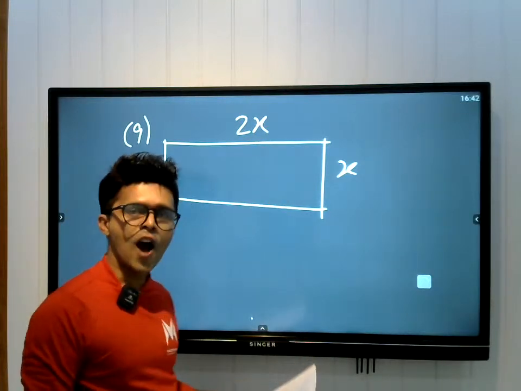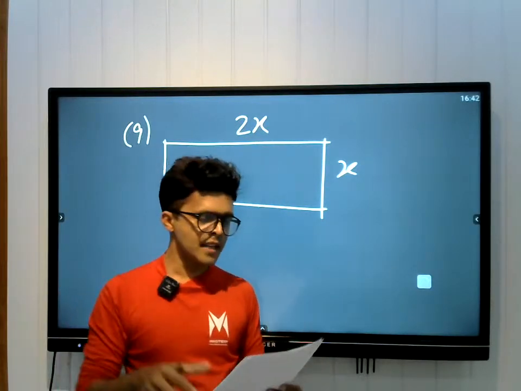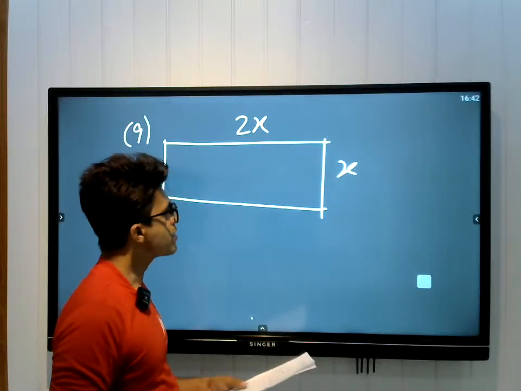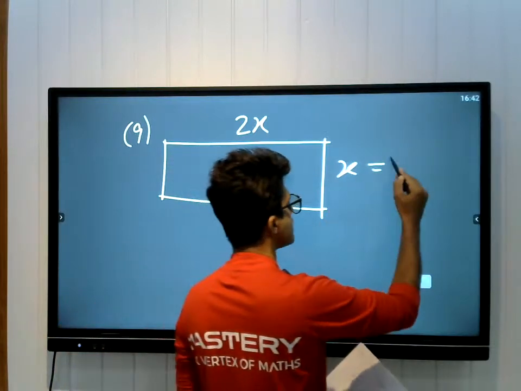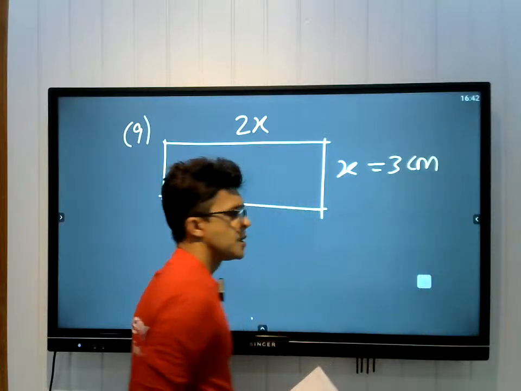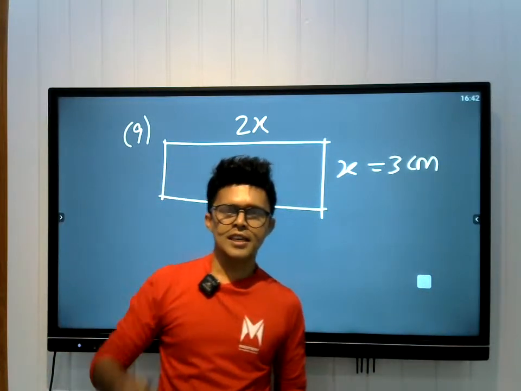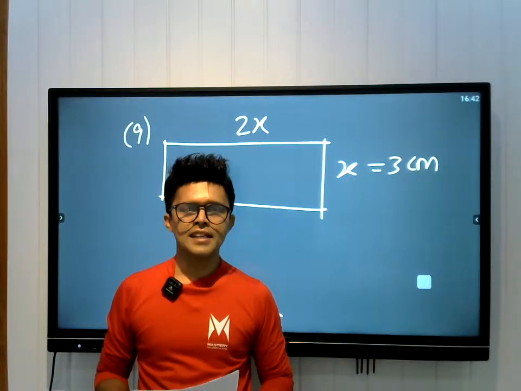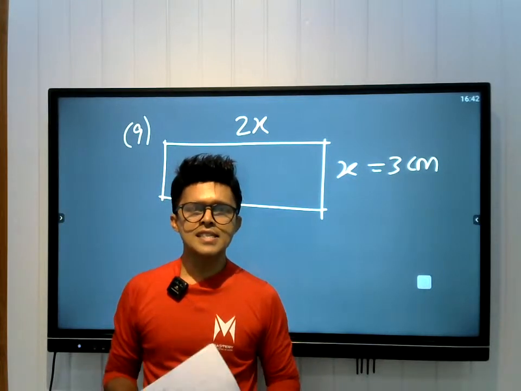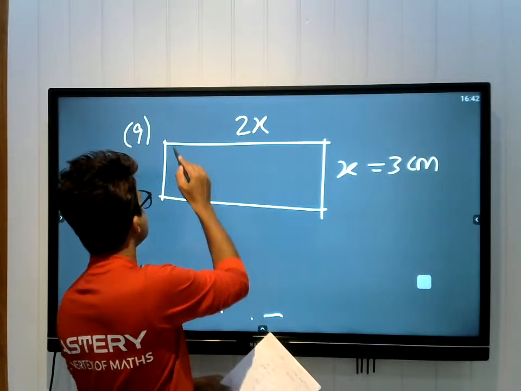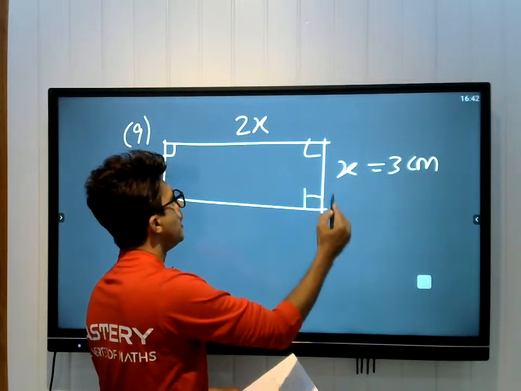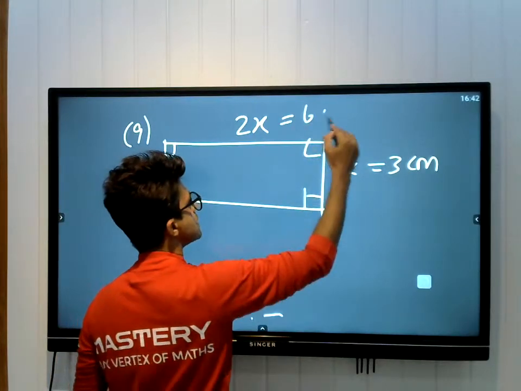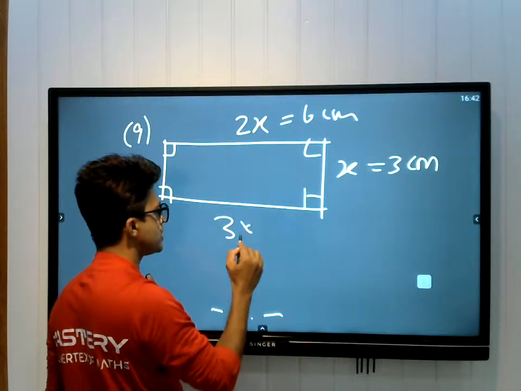We have been given the breadth in the question, please check: the breadth is 3 cm. If the breadth is 3 cm, then you could get the length. The length should be 6 cm, since 3 times 2 is 6.